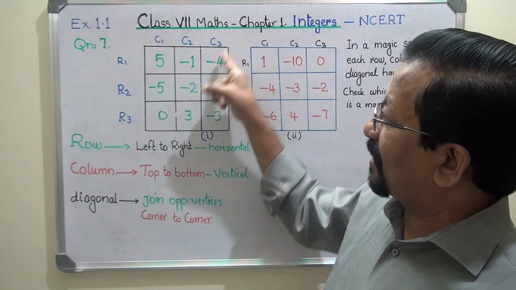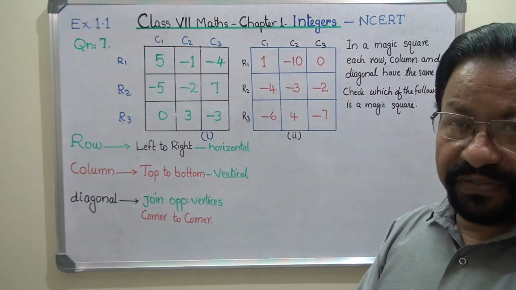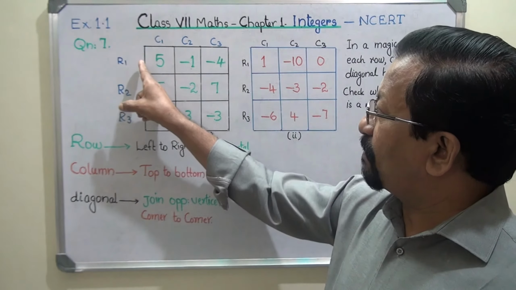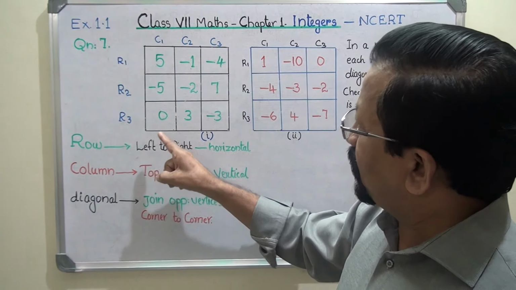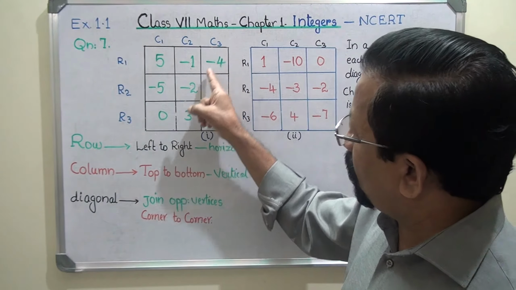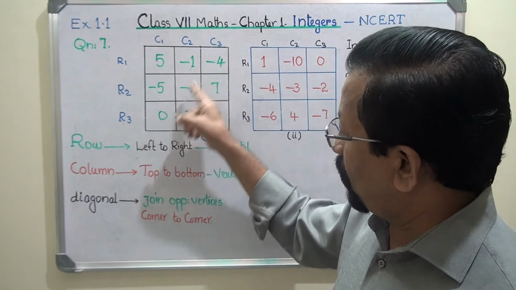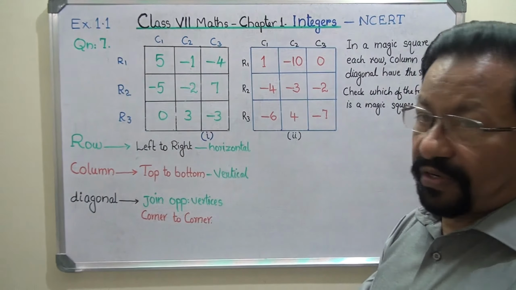We find the sum of the diagonals for both picture 1 and picture 2. Row, I told you, is from left to right, column means from top to bottom, and diagonal means opposite vertices. You have to take these opposite vertices, corner to corner: this corner to this corner, this corner to this corner.